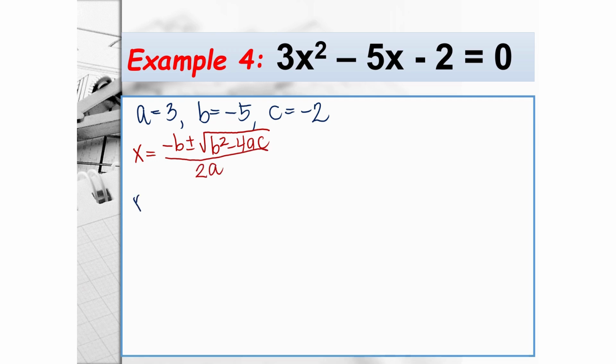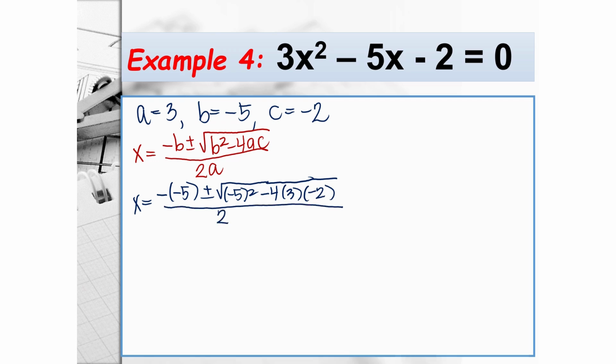So, x equals, bring down muna yung negative sign, times the value of b, which is negative 5, plus minus square root of, yung b ay negative 5, and then squared, minus 4 times the value of a is 3 times the value of c is negative 2 all over 2 times a, which is 3.